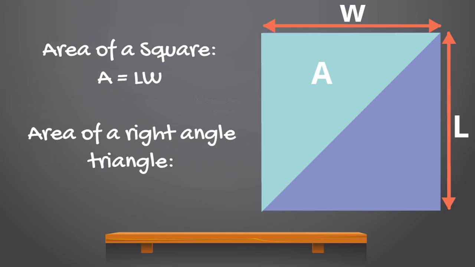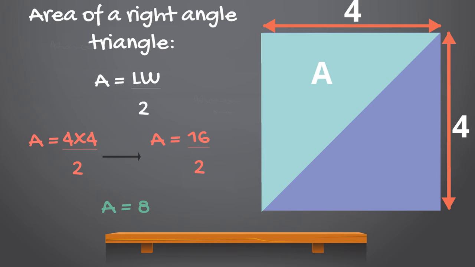So that means if you figure out what the area of the quadrilateral is and divide it by 2, you'll find the area of the right angle triangle. So the formula for the area of the right angle triangle is A equals LW divided by 2. Or in full words, area is equal to length multiplied by width divided by 2.